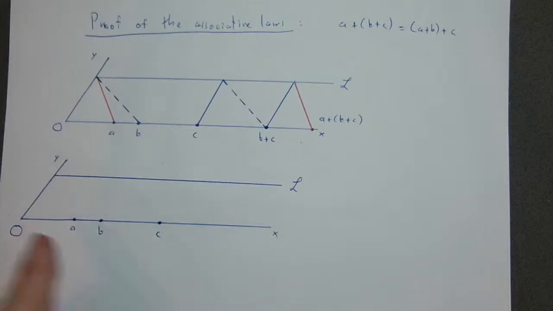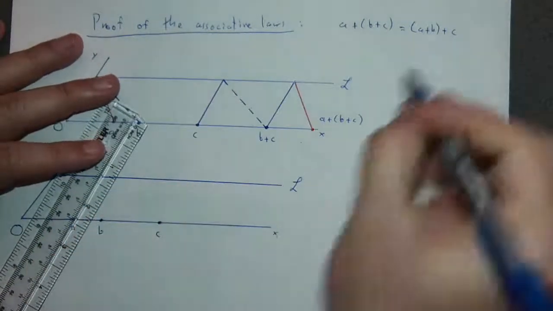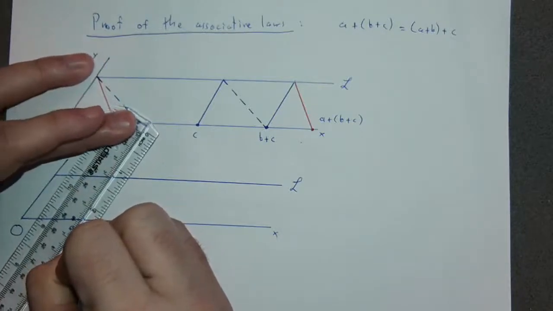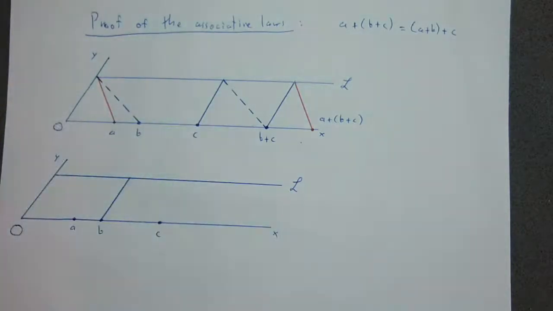Okay, so let's do the similar thing down here to construct A plus B plus C. In order to do this, again, I need to do A plus B first. So I'm going to draw in a parallel to my y-axis from B to some intersection point on L. That's close enough to be parallel here. Okay.